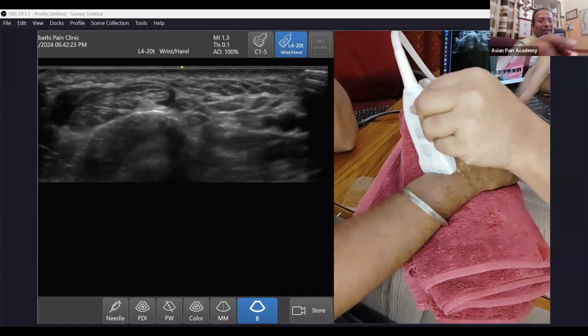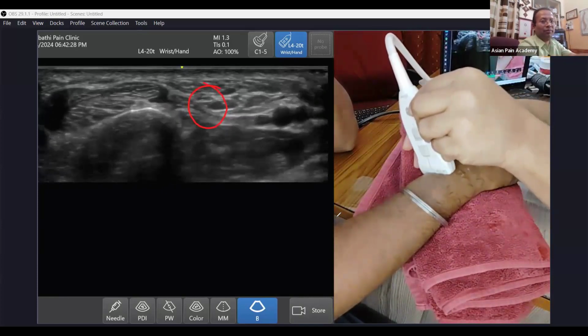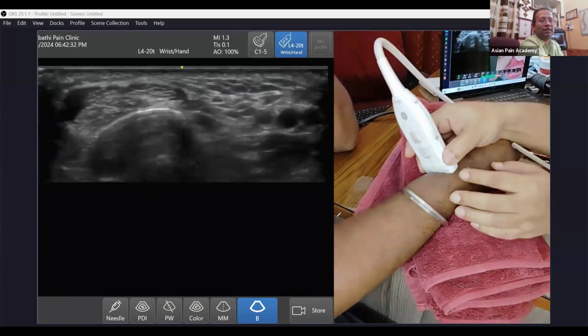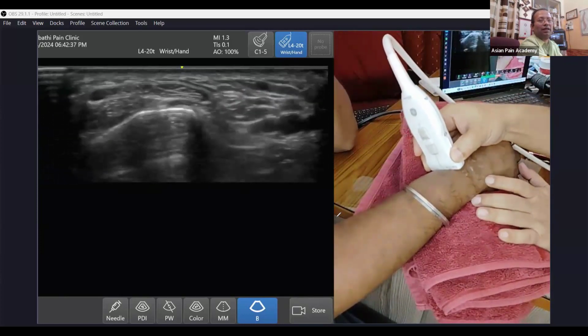So now this is honeycomb appearance. This is the superficial radial nerve. Always try to see it in a subcutaneous plane.